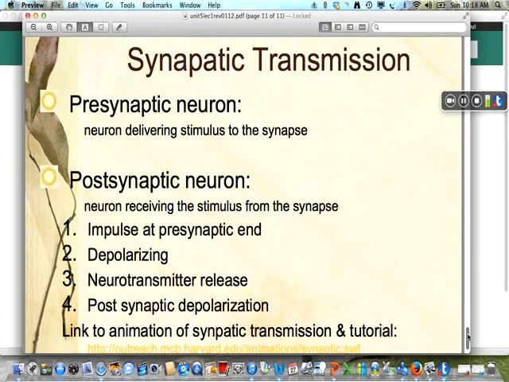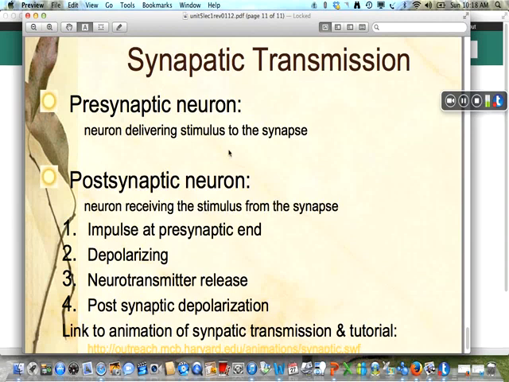So when we look at synaptic transmission between neurons, you've got the presynaptic neuron. It's going to be the neuron delivering the stimulus to the synapse. The postsynaptic neuron is going to be the second one that receives the stimulus from the synapse. Whether you're the presynaptic or the postsynaptic neuron is going to depend on the relationship. You could be a presynaptic neuron in one relationship and postsynaptic in another.